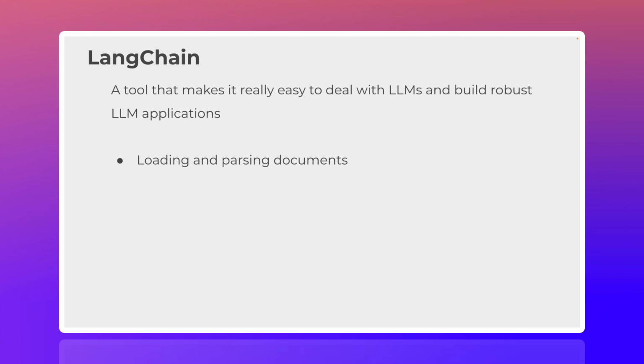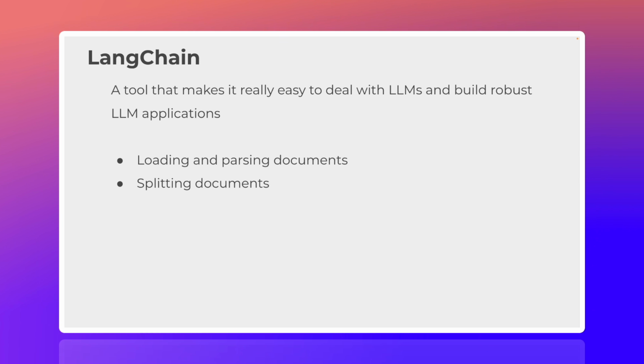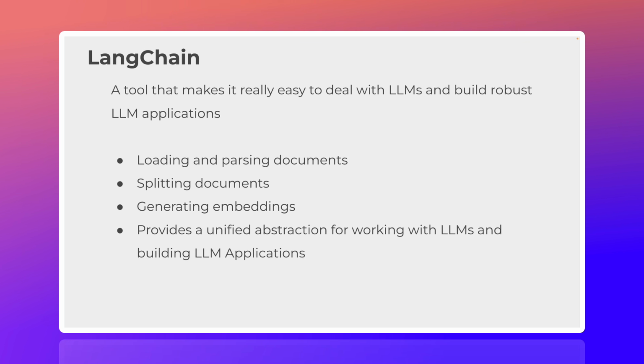LangChain is an amazing framework, and one of the things it does well is load and parse documents easily. We can use classes and wrappers to split documents and chunk them up, generate embeddings, and many other things. So it provides a unified abstraction for working with large language models and building LLM applications. So tools are always welcome.